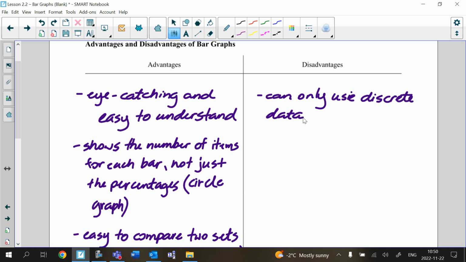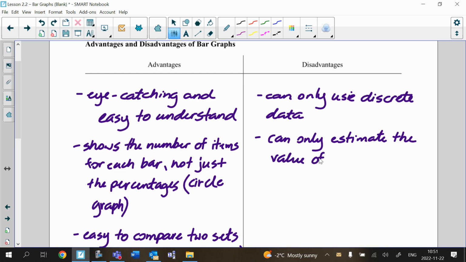Even though the bars give you an idea of the number of items in each one, we can only estimate in many of them the value of each bar. And that depends on the bar graph.